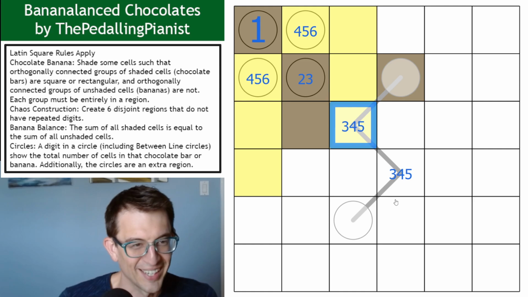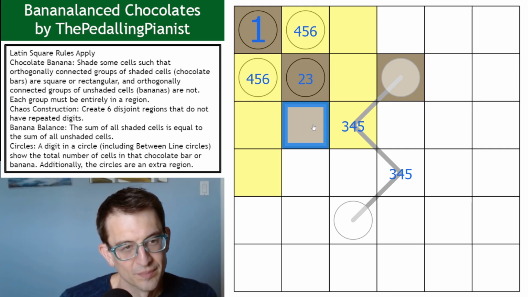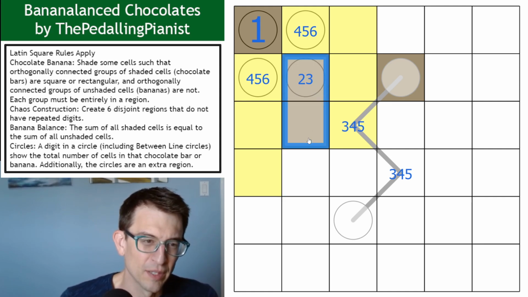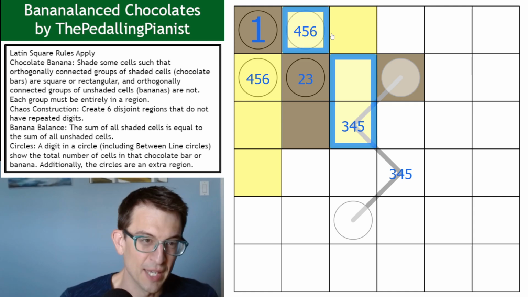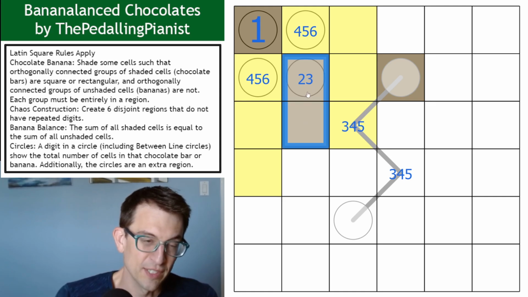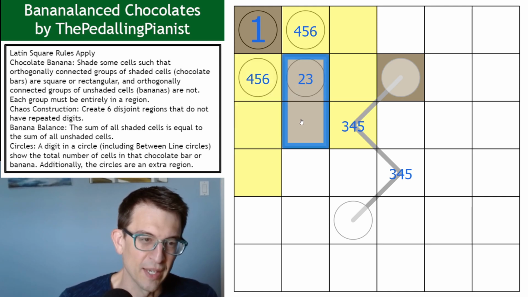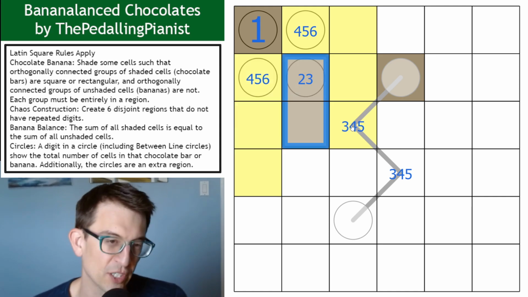Oh, that helps. Okay. Can this be a 3? If this is a 3, this is a 3. I don't know. Hold on, what does this combine with? Maybe that's what I need to think about, because if this becomes 3, it can't combine with either of these regions in the chaos construction sense. Whatever this is, it's going to combine with a banana of some sort to form a 6-cell orthogonal chaos construction region.